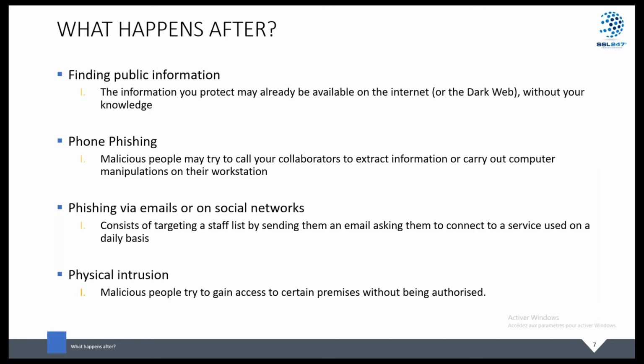which can then be used for a later attack. Phishing via email, there are mainly two risks: the risk of getting someone to give their password, like I explained for Waterlink, and also giving an attacker access to the internal network.